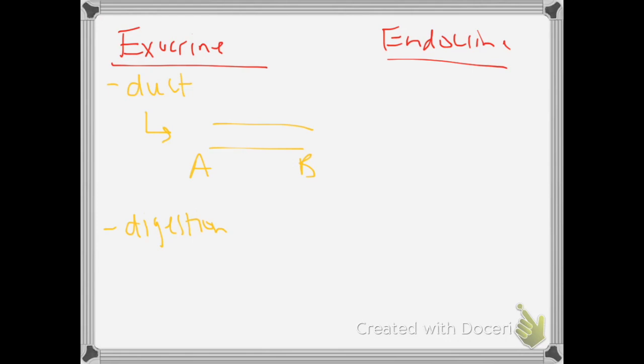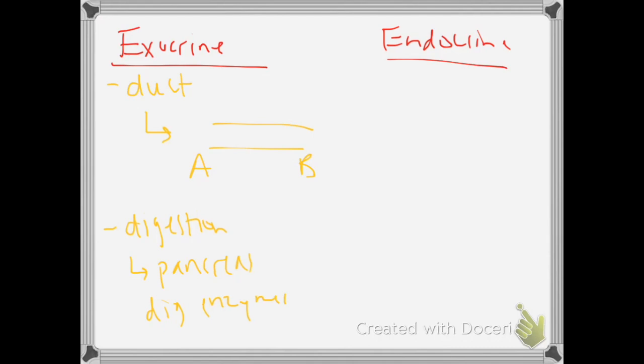It has an exocrine function of releasing digestive enzymes. So for example, the pancreas is going to release digestive enzymes. And then the endocrine function, the endocrine system is an entire system that we get in the first part of the second semester. The endocrine system is your hormone system.